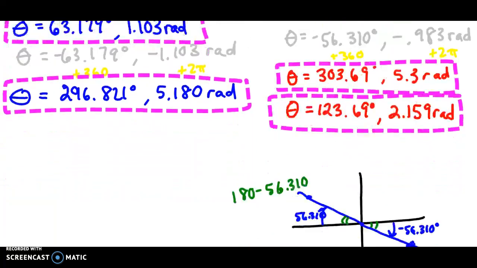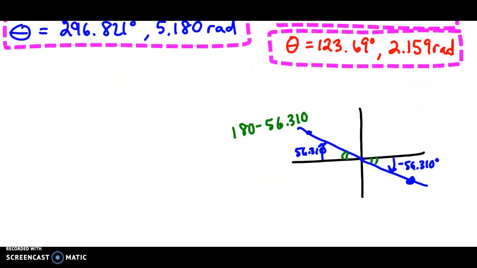So think about tangent now. I've got tangent of theta equals a negative number, which means I could be in quadrant 4 or in quadrant 2. The first one that I got was in quadrant 4. I do want to figure out what my solution would be in quadrant 2. Just think about the signs of your x and y coordinates. Either one of them could be positive or negative, as long as I am dividing those same two numbers.